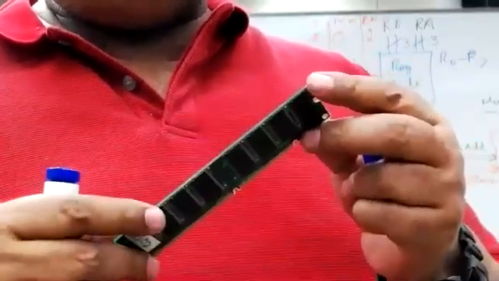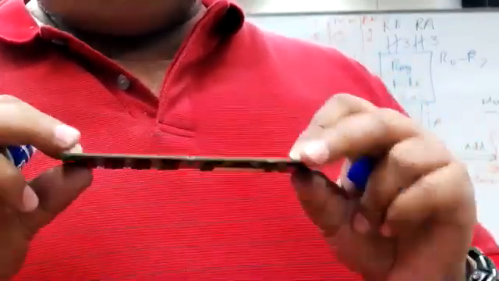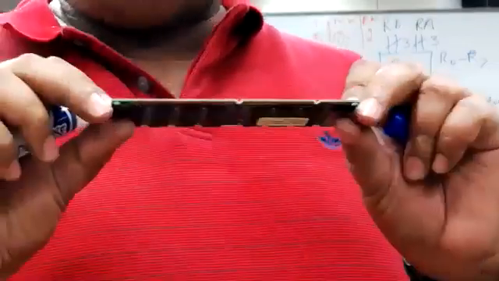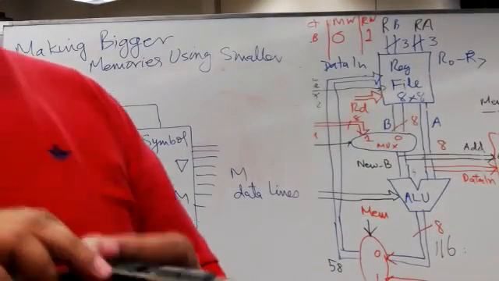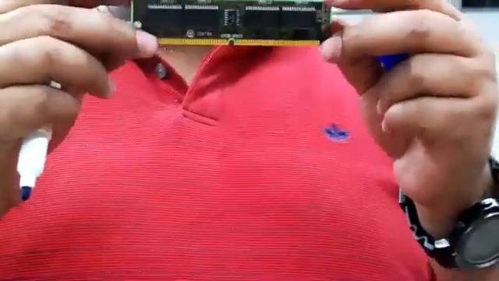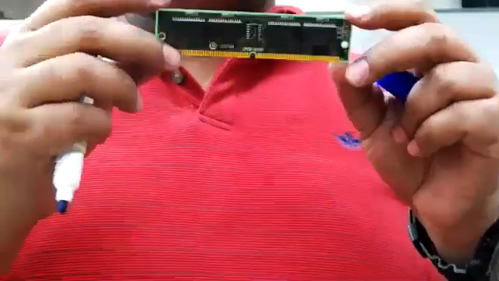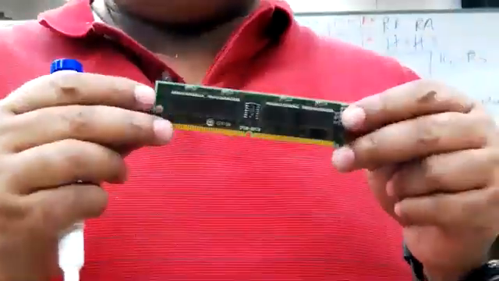So this is an old memory. In the beginning, memories were very expensive. Another example by a different company. Kingston is one of the biggest memory manufacturers.